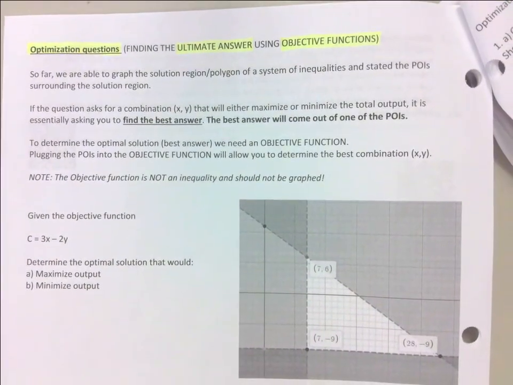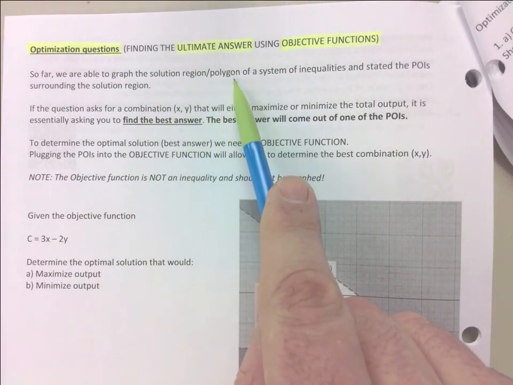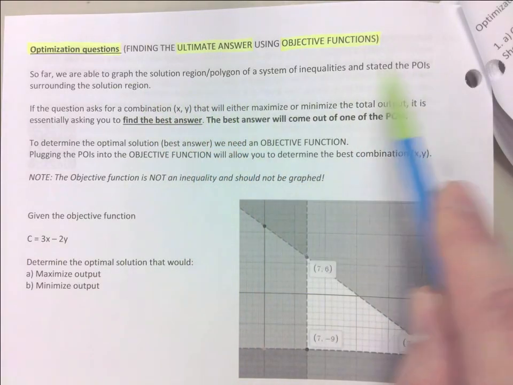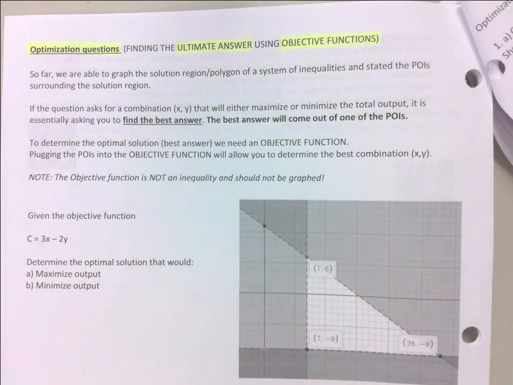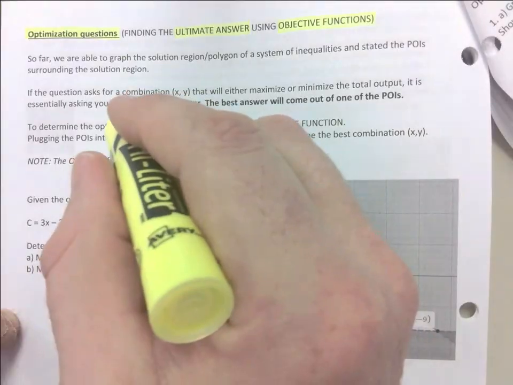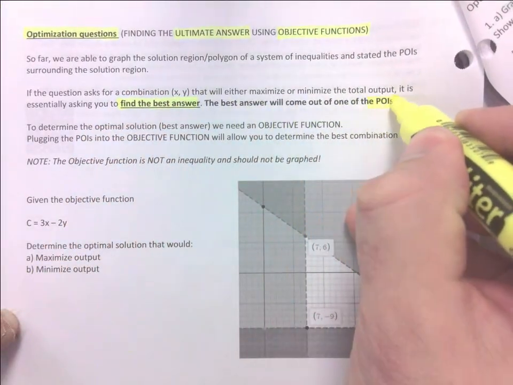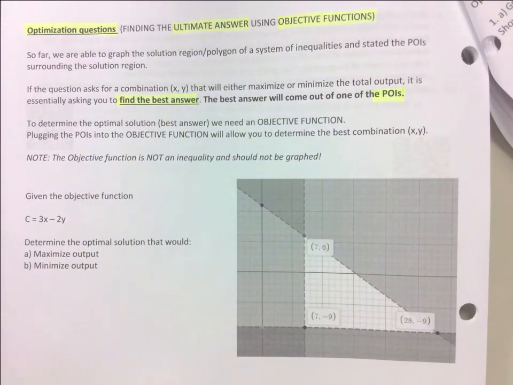So far, we just identified the solution regions, or solution polygons, and found the POIs surrounding the solution region. But now we're going to find the best answer, and it's going to come out of the POIs. That's where we're going to focus.